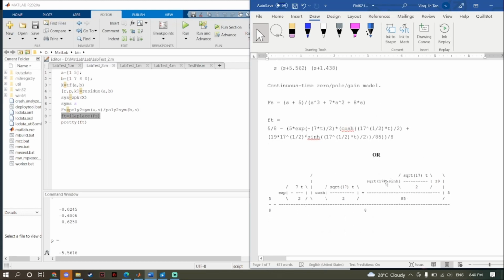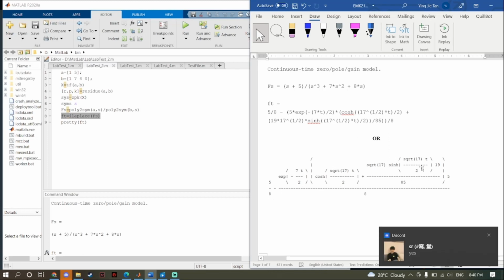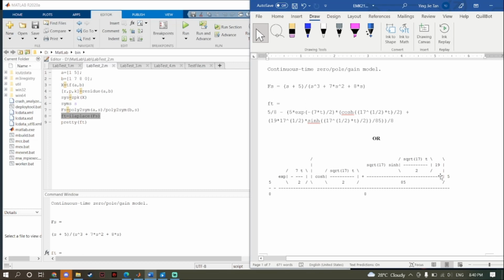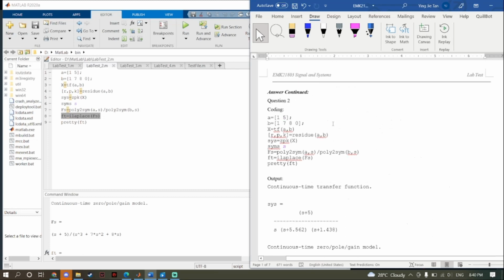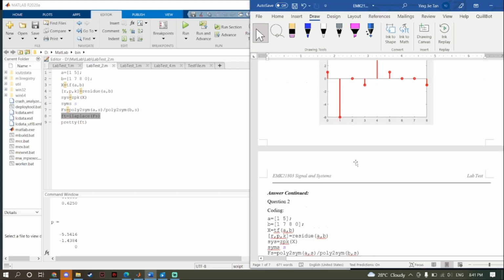So we have two outputs. Actually it is the same thing, just this one is in bracket form, like every time we do our handwriting, and this is what we usually type out. And here is our book answer. So that's all for my question 2, and we're going to question 3.